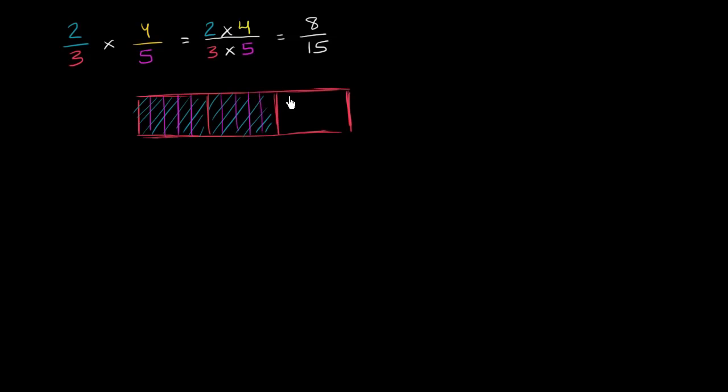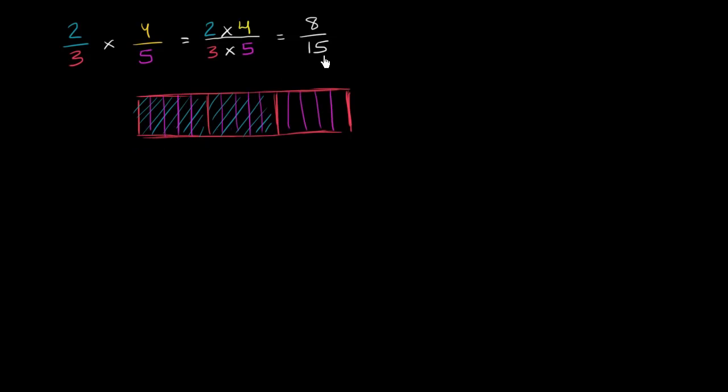And I could even divide this into 5 if I want. 1, 2, 3, 4, 5. And we want to take 4/5 of this section here. How many fifths do we have here? 1, 2, 3, 4, 5, 6, 7, 8, 9, 10. And we've got to be careful. These really aren't fifths. These are actually 15ths, because the whole is this thing over here. So I should really say how many 15ths do we have?